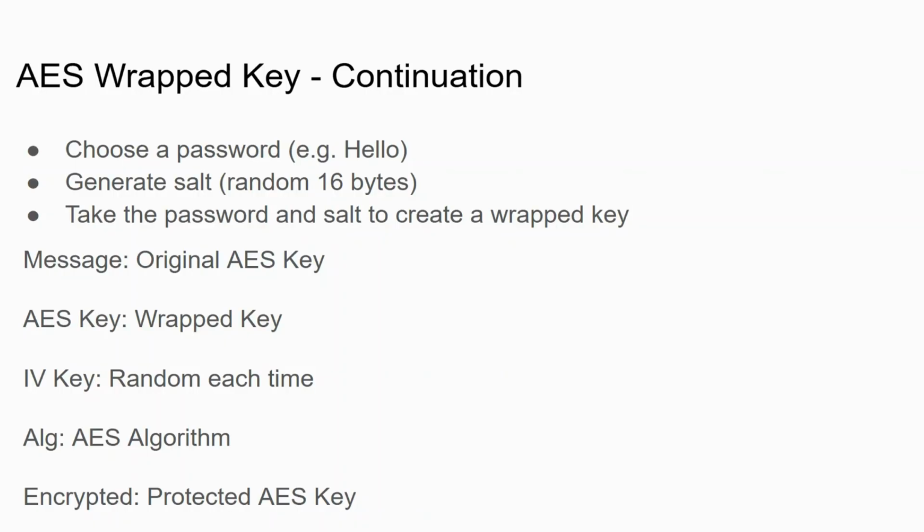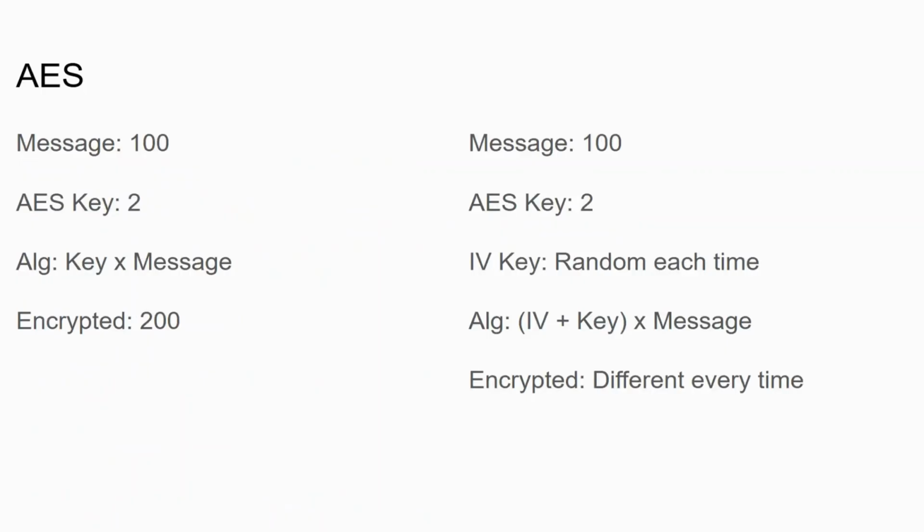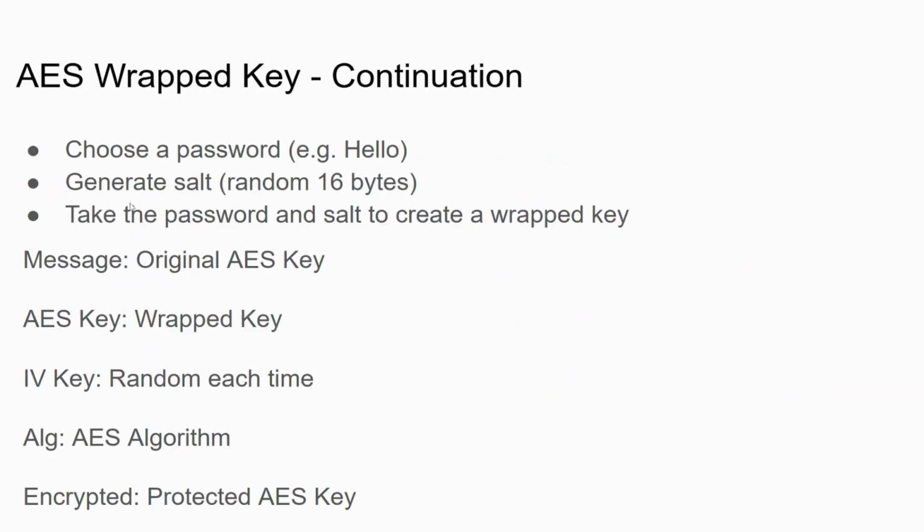Now we're going to take both the original AES key and the wrapped key, and put it through AES again. We're going to follow the same format as last time. Right now we're trying to protect the key. So this time we're going to pass it through AES again, and the message won't be my biometric template.